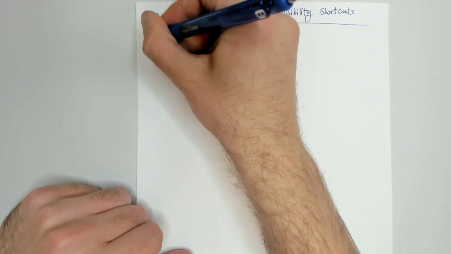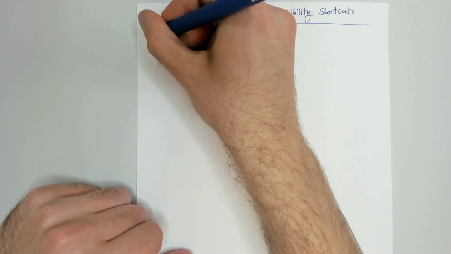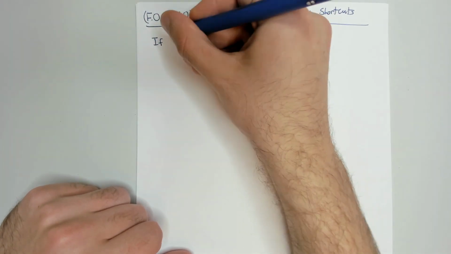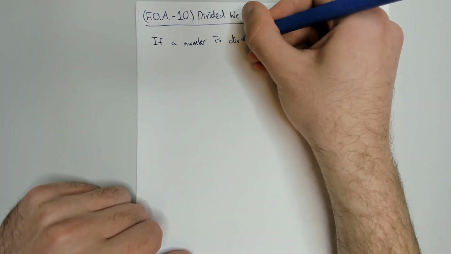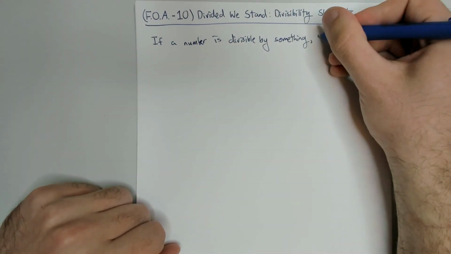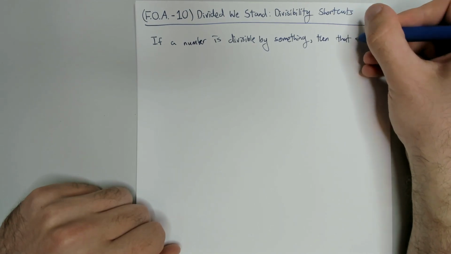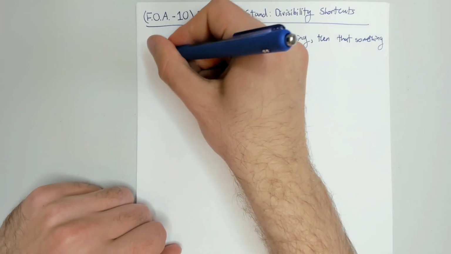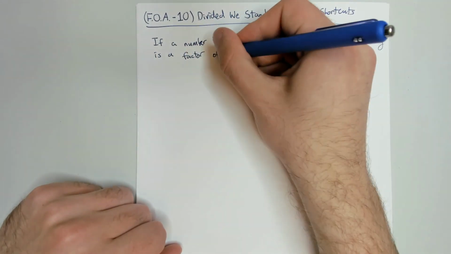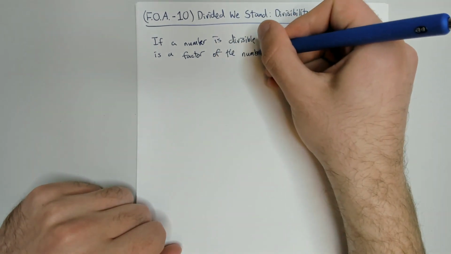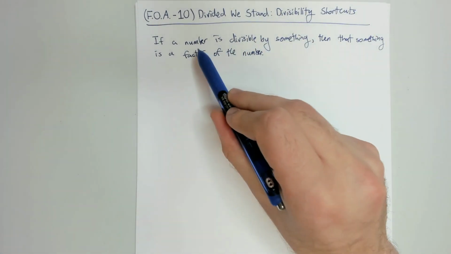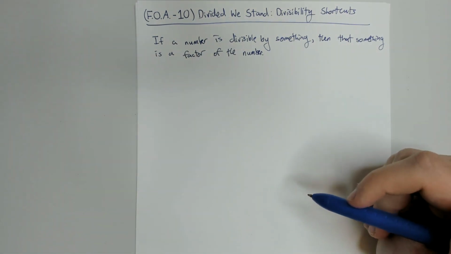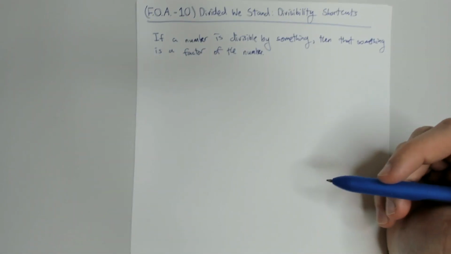So we say this. If a number is divisible by something, then that something is a factor of the number. And for those of you who might think this wording with "a number or something" is kind of unsatisfying, you're right, it is unsatisfying.